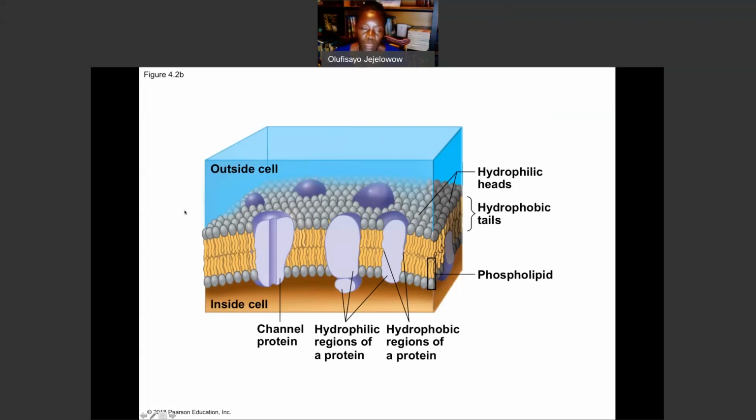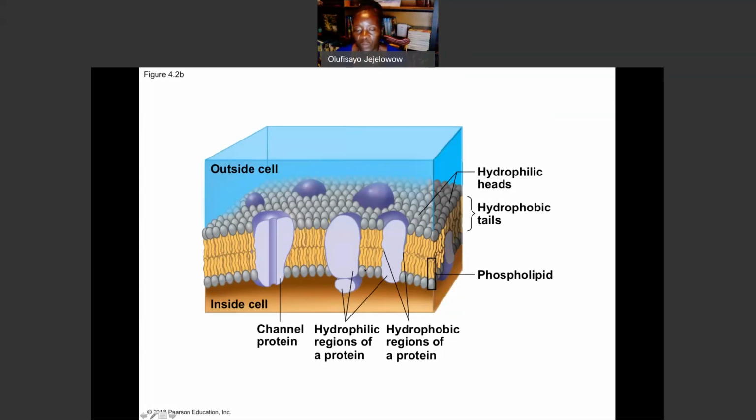In a cell, this bilayer has protein channels. This area is hydrophobic, so hydrophilic materials can go in through these channels. There are also hydrophilic proteins that are close to the watery aqueous area in the interior of the cell.